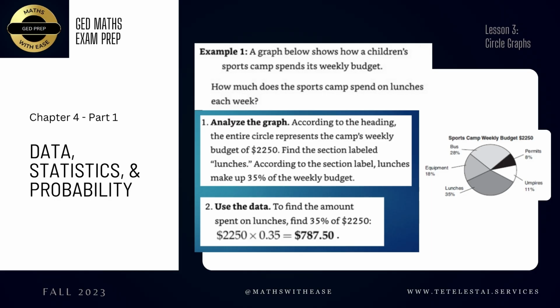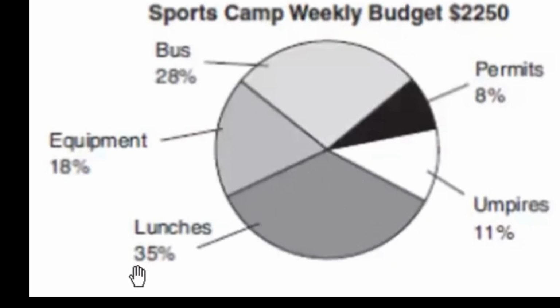So let's go back to the question. How much does the sports camp spend on lunches each week? So we go back to our graph, and we can see that this is the portion of the circle that represents lunches, showing 35%, okay?